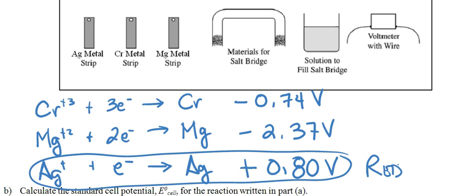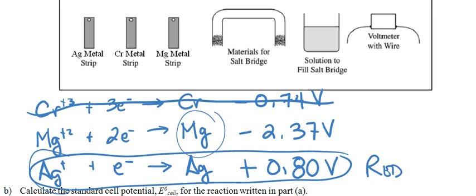So I want to find the most negative, and the most negative, we're going to flip the equation, which means it will change the sign. So the thing that we will not use is our chromium. So magnesium is going to be oxidized, while the silver plus 1 is going to be reduced. So that's what we want to use.